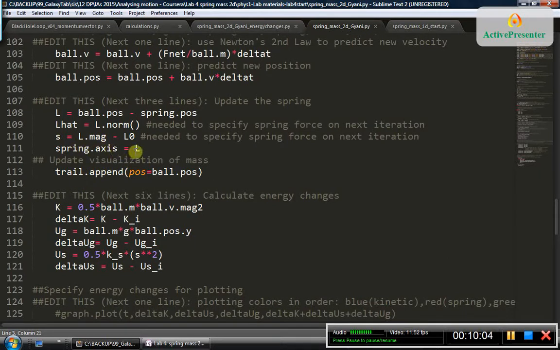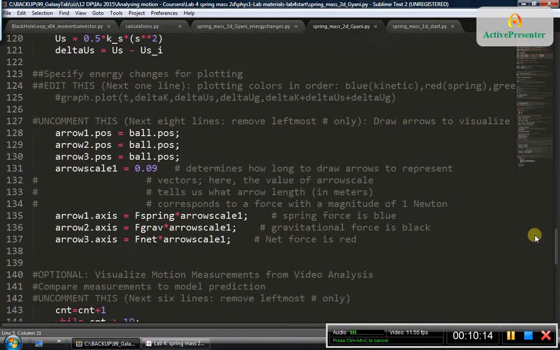The length of the spring is also updated here, and the trail is shown for the ball's movement. And here the energy changes are being updated, and here the arrows are being displayed in an updated manner.